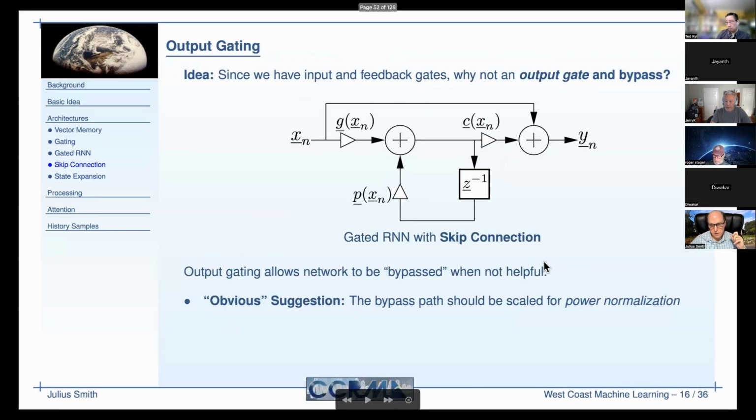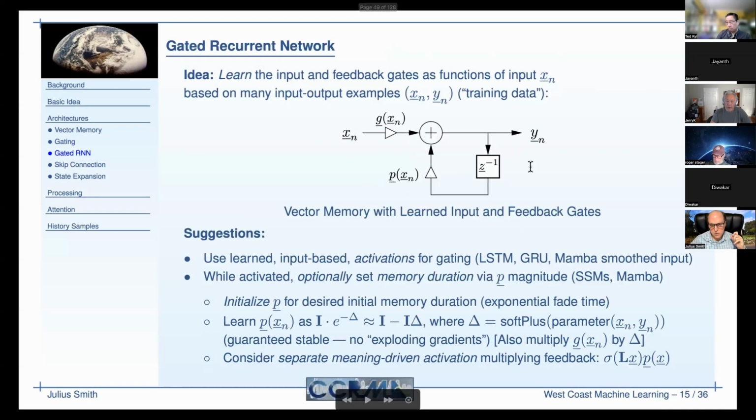Could you do 1 over z minus a, or does it mean anything to do that, I guess, is my question.